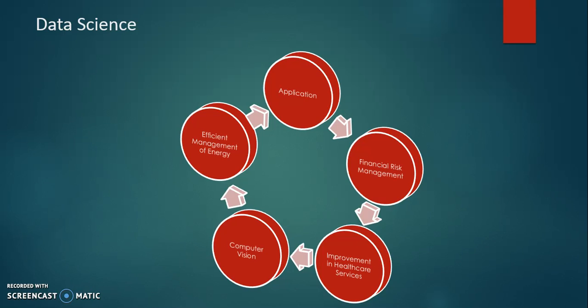It is also a very efficient factor when data science gets involved in the energy segment, doing a great magical turnaround. So these are the applications that we can talk about as a whole.